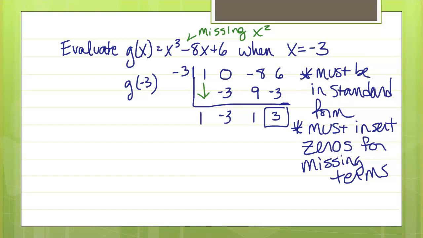Just that easy. And again, since this is -3, I'm not going to write down the direct substitution, but I can double check it. Remember, if you know how to do direct and you forget how to do synthetic when you're told to do synthetic, you can always do direct as a double check. -3 cubed is -27, plus 24 is -3, plus 6 is 3. Yeah, we did it right.